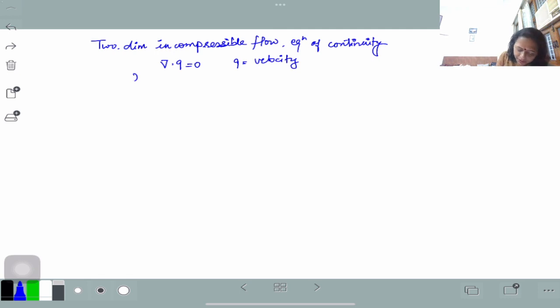or you can write it ∂u/∂x + ∂v/∂y + ∂w/∂z = 0, where naturally u, v, w are the velocity components in x, y and z direction.